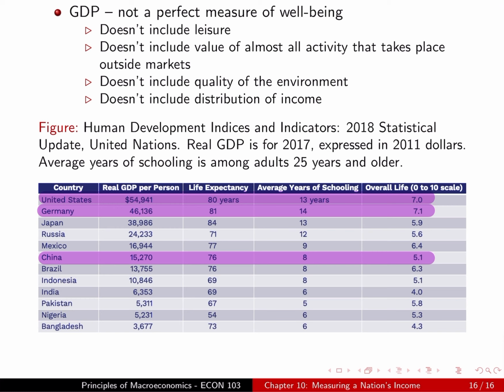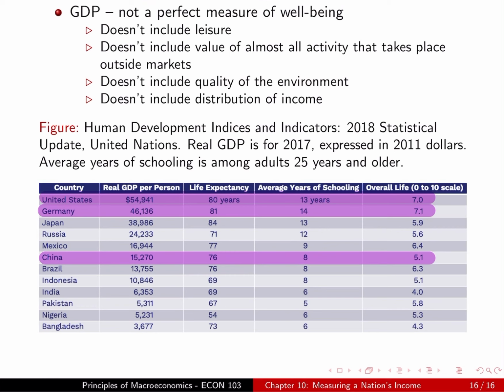Developed by the United Nations Development Programme, UNDP, the HDI provides a broader view of human progress by including health, education, and income indicators. Now, let's examine the table comparing 3 major economies, the United States, Germany, and China.